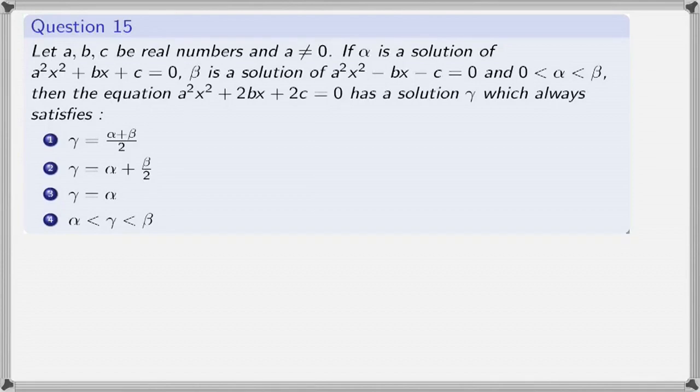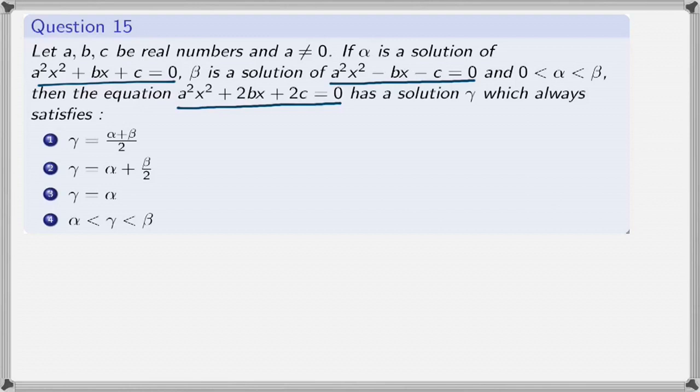Let us look at this question now. We have three real numbers a, b and c so that a is non-zero. We have three quadratic equations: a square x square plus bx plus c equals to 0, and a square x square minus bx minus c equals to 0, and a square x square plus 2bx plus 2c equals to 0.